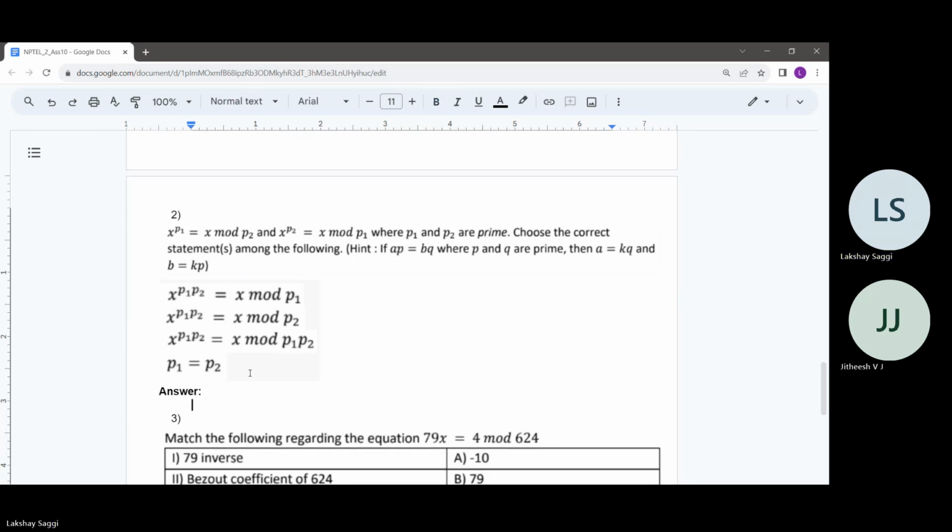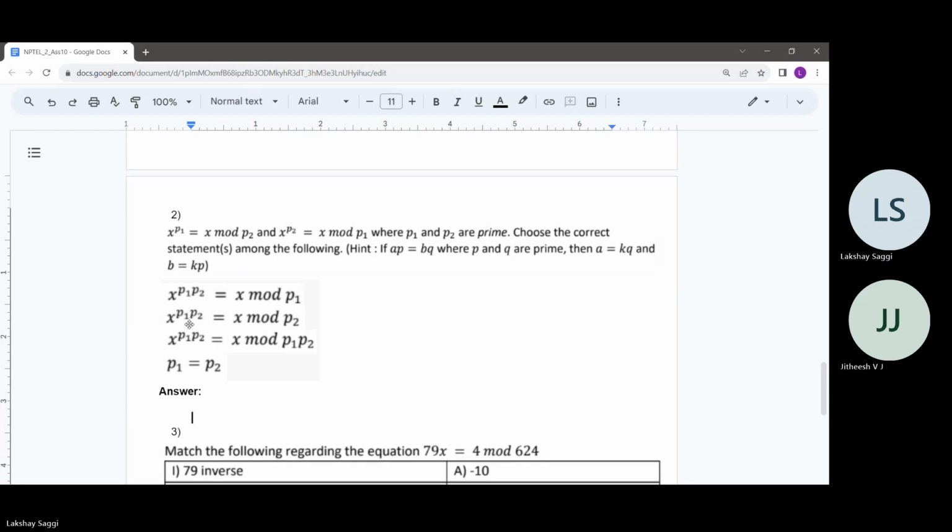So the options are x to the power p1 p2 is equal to x mod p1, x to the power p1 p2 is congruent to x mod p2, or x to the power p1 p2 is congruent to x mod p1 p2, and something like that. First of all, we see that p1 need not be equal to p2 here.